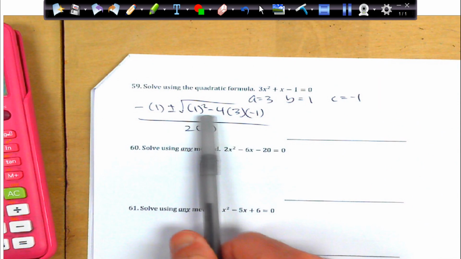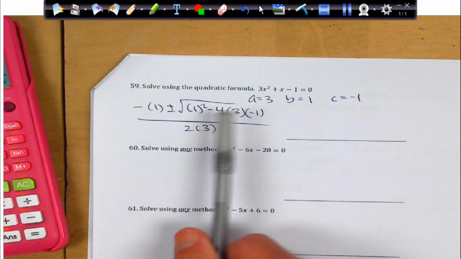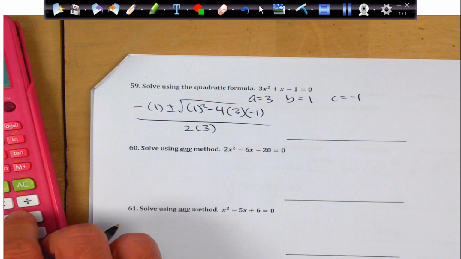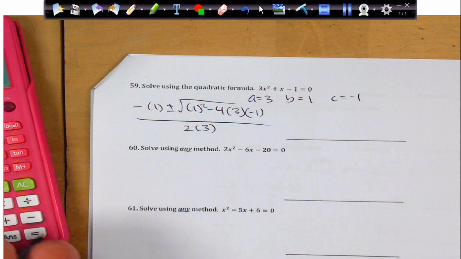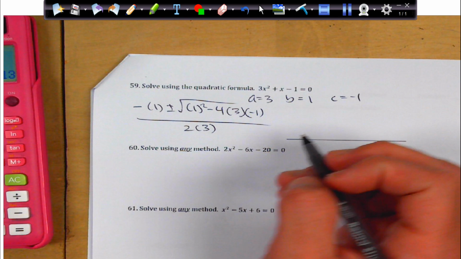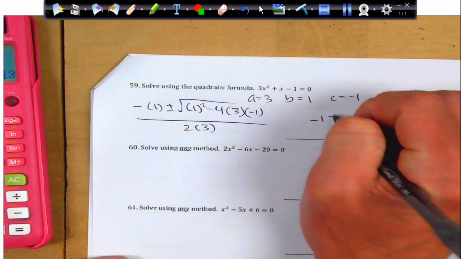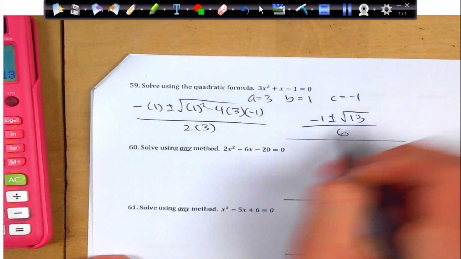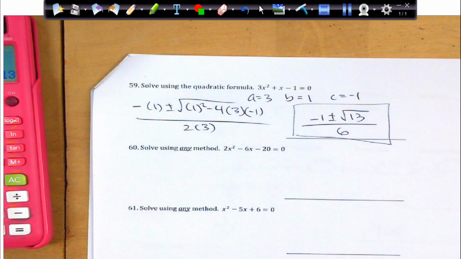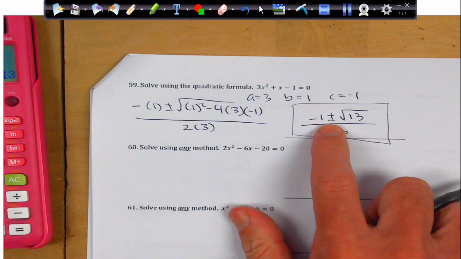So the inside is going to be 1 squared, which is 1, minus 4 times 3 times negative 1, which is going to give me 13, which won't reduce, so I get negative 1 plus or minus the square root of 13 all over 6, can't go anywhere from there. There it is, which again, that is technically 2 solutions.